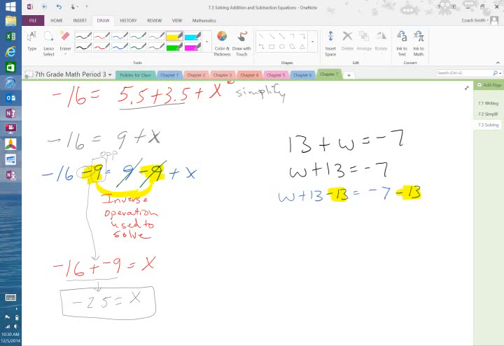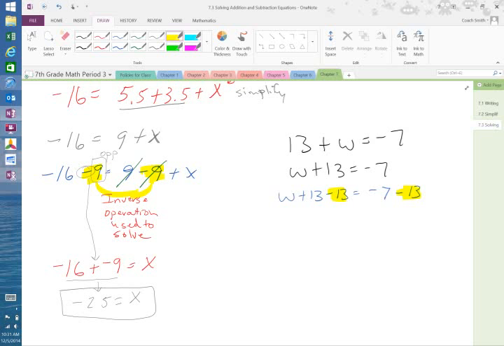Okay, it's not wrong necessarily, but in this case, it'd be very hard for you, with what you know right now, to say minus 13, negative 7. Okay, so just continue to put it after the constant on each one. When you have the constant on one side by itself, do your inverse operation after that.